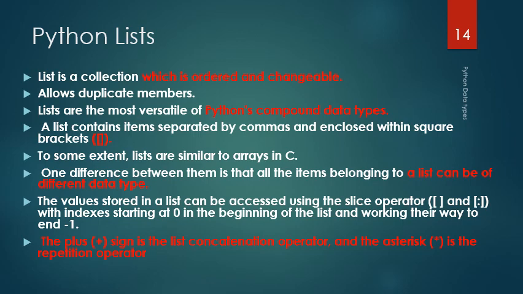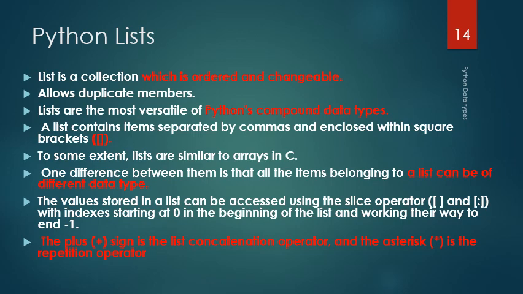A list contains items separated by commas and enclosed within square brackets. To some extent, lists are similar to arrays in C. The basic difference between them is that all the items belonging to a list can be of different data types, whereas in C, all the members of an array should be of the same data type.